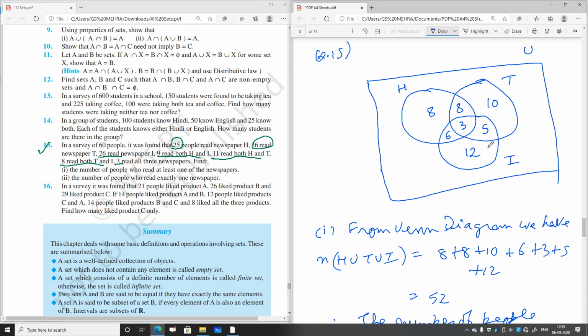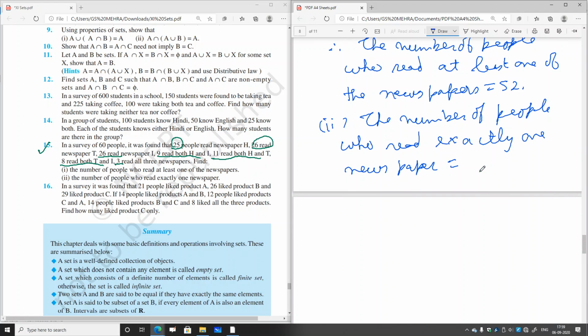So that is 8 plus 10 plus 12. 8 plus 10 is 18, 18 plus 12 is 30. So the answer will be 30.